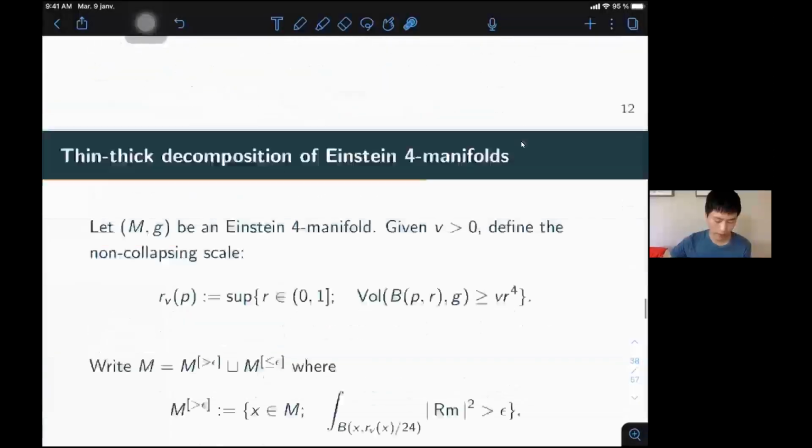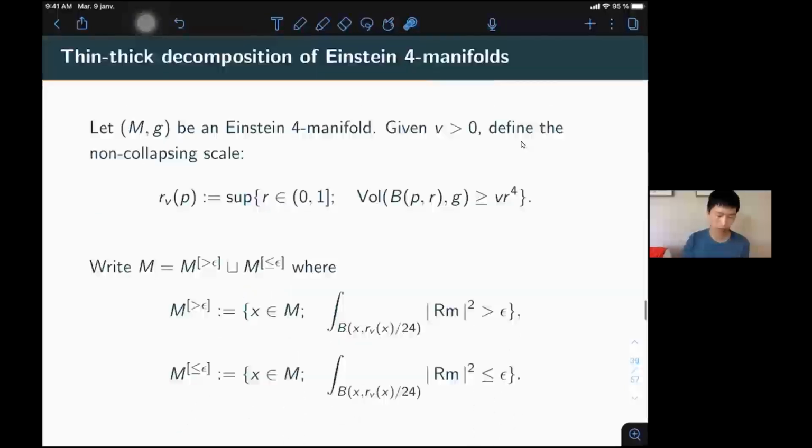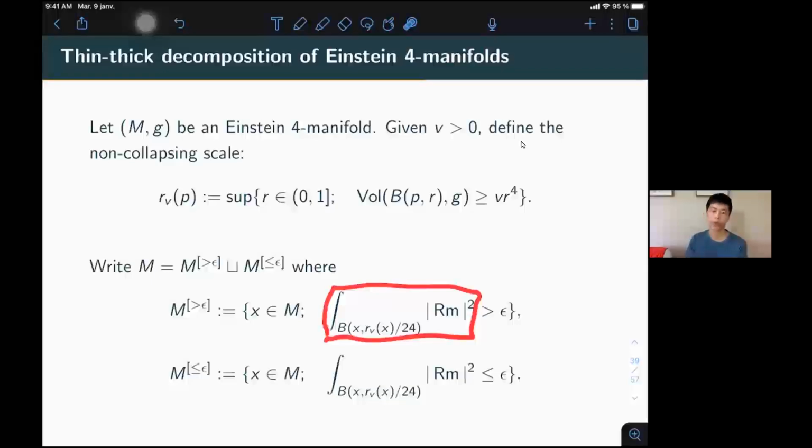And you can define the thick-thin decomposition. You can write that M is a disjoint union of two parts. The first part, where you have larger than epsilon, is simply where, on the scale of non-collapsing, you take the L2 norm of the curvature and you get a number that is strictly larger than epsilon.